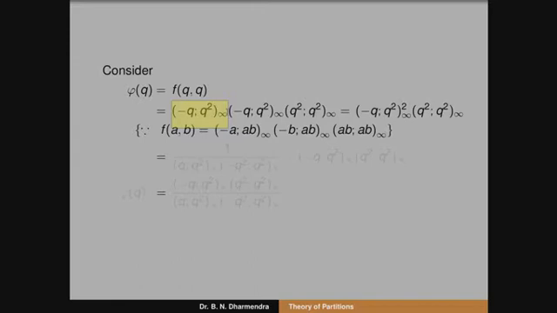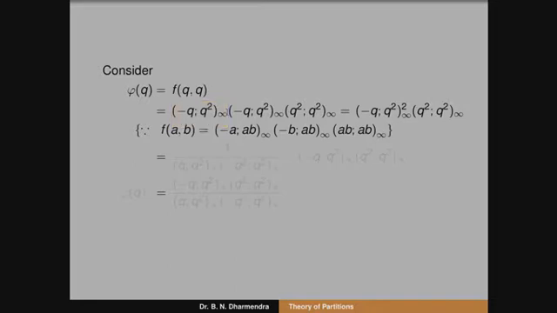So that is an Euler identity. It can be rewritten, as already proven in the earlier class, that minus q square infinity can be written as 1 divided by q square infinity into minus q square infinity.